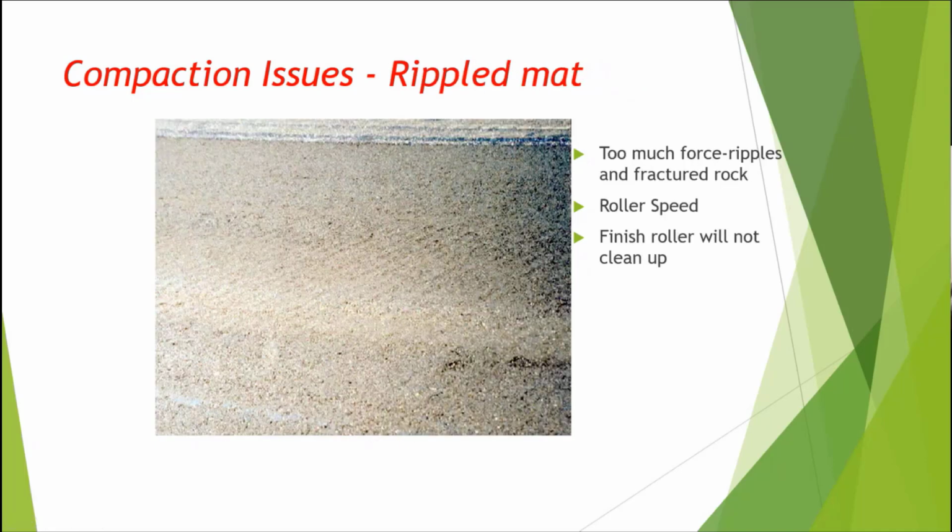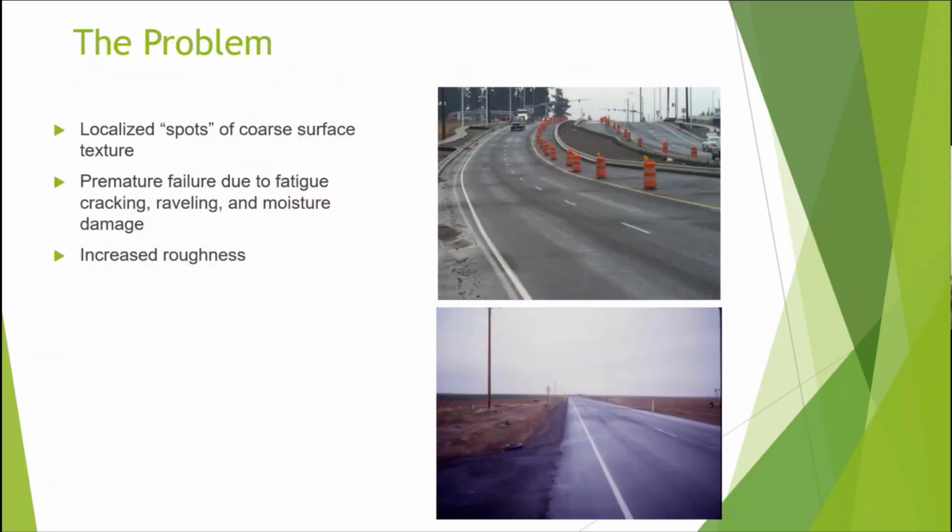Ripple marks, again, just a matter of roller speed, ground speed. The thing here I wanted to mention, and you can see this upper right-hand picture is from one of the national documents. The lower right one is one I took, and I bet you this was probably a paver stop.